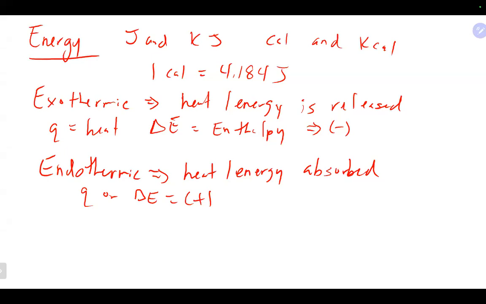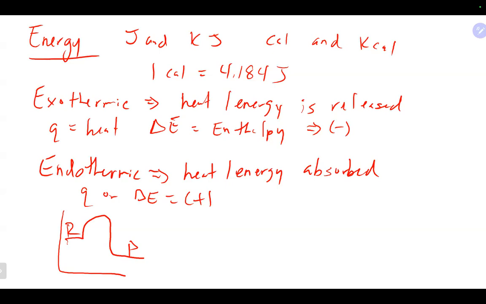We talked about energy diagrams as well, and a couple of parts of those. We have our reactants going to our products. Whenever you look at an energy diagram and you have reactants like we do in this particular case that are higher in energy than their products, in order for the reactants to get to the products, energy has to be given off.